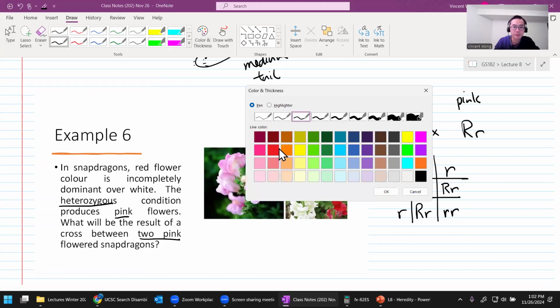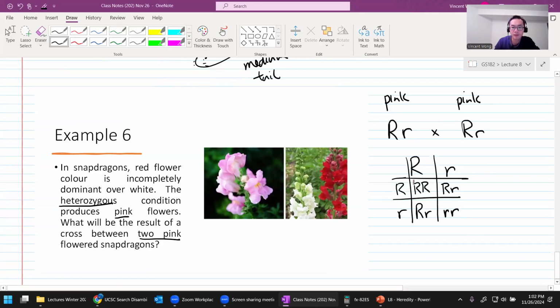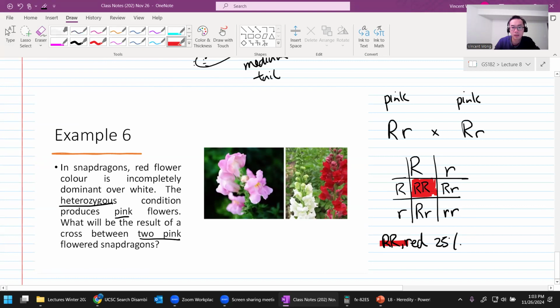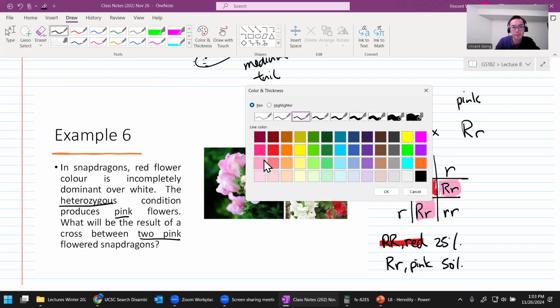And in this case, we will have 25% red and we will have 50% pink, right?